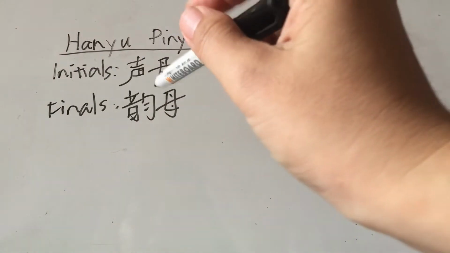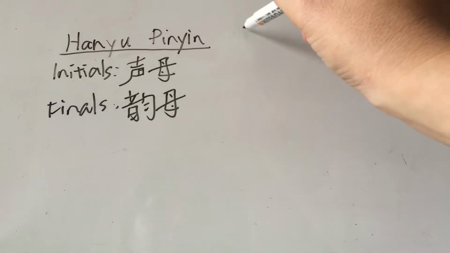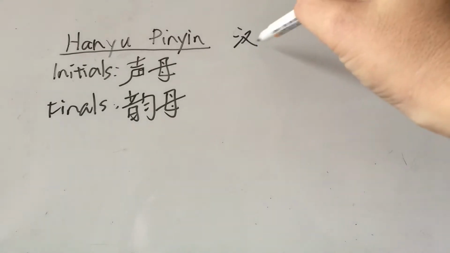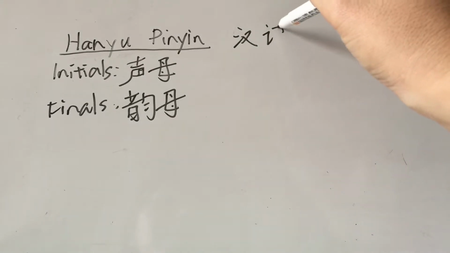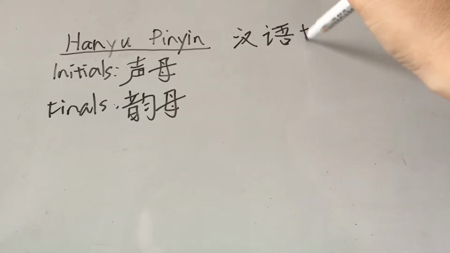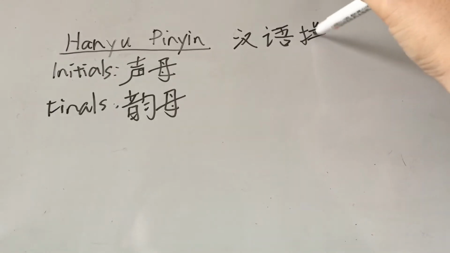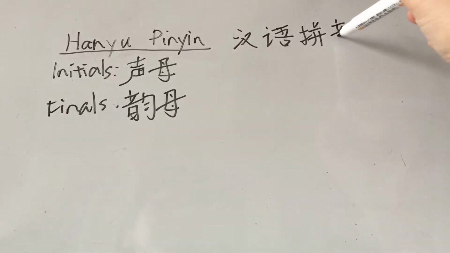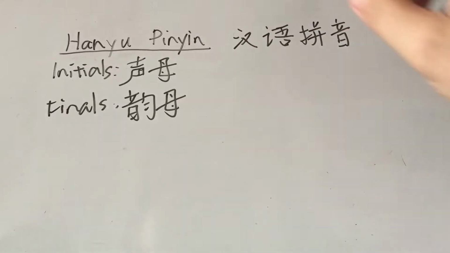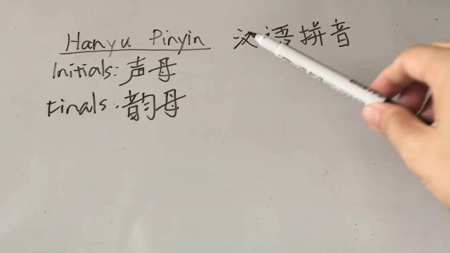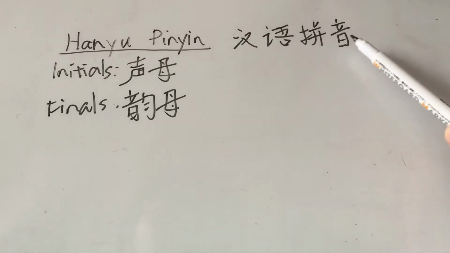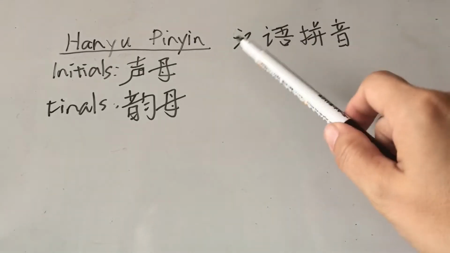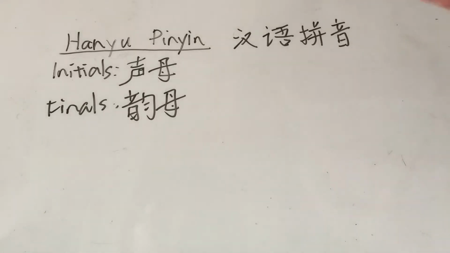First, initials and finals. Just quote an example. For example, the words Han Yu Pin Yin. These four words have four pronunciations. Han, Yu, Pin, Yin. And how do you represent the pronunciation for each one?